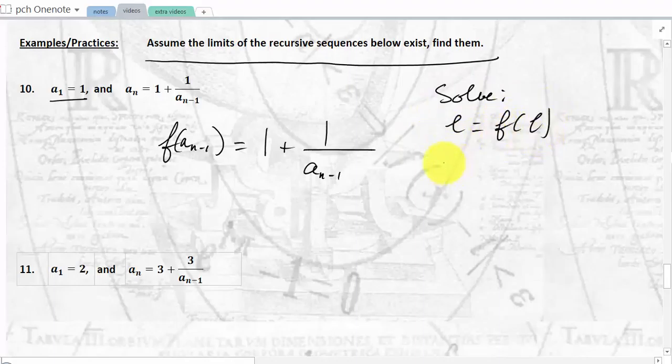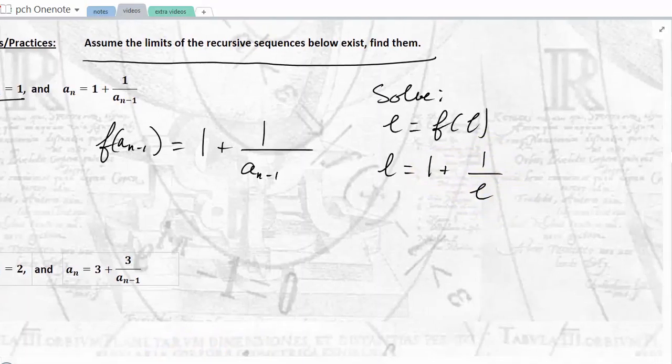Well, it is 1 plus 1 over a sub n minus 1, right? So how do you solve the equation L equals f of L? It is L equals 1 plus 1 over L. Here we go. So let's solve this equation and we'll have the limit of the first sequence.